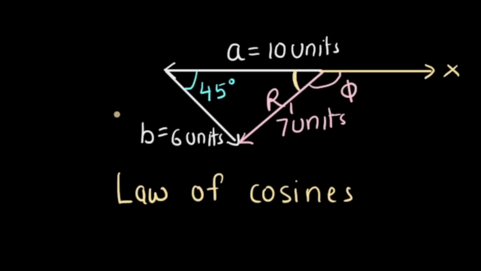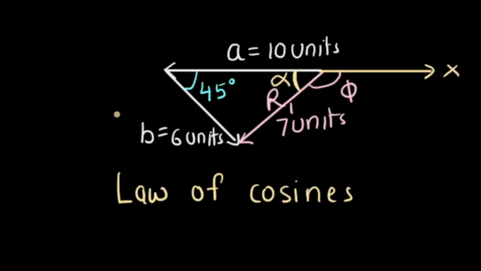What shall I call it? Let me call it alpha. So law of cosines is going to let me determine the value of alpha. And once I know the value of alpha, then phi is equal to what? 180 degrees minus alpha. Knowing the value of alpha, I can easily determine the value of phi.